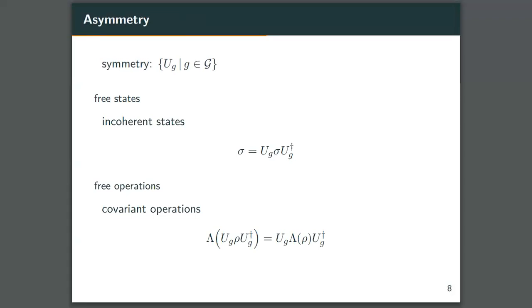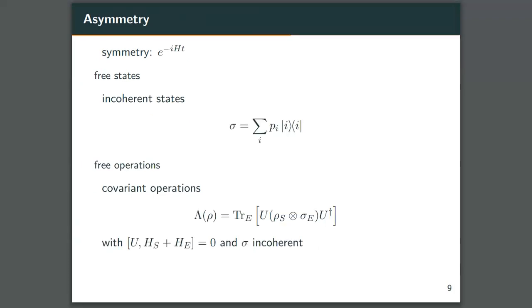In thermodynamics, the symmetry is generated by time translation, so incoherent states are diagonal, free states are diagonal, and free operations are like this. You can think of it as thermal operations, but with a source of incoherent work. This would capture coherence limitations in thermodynamics.